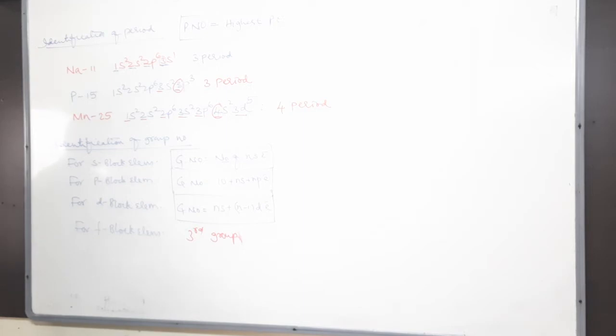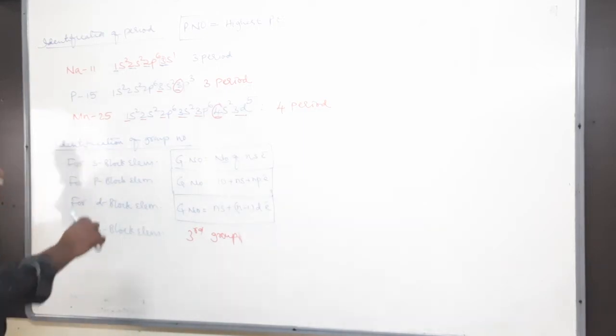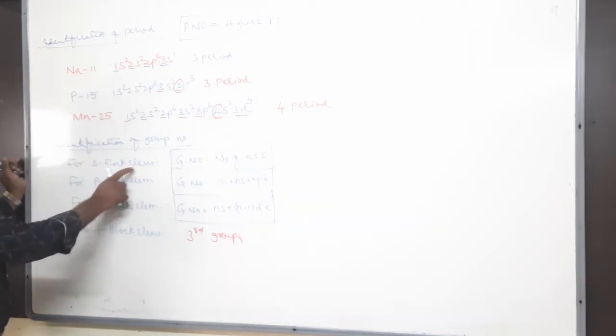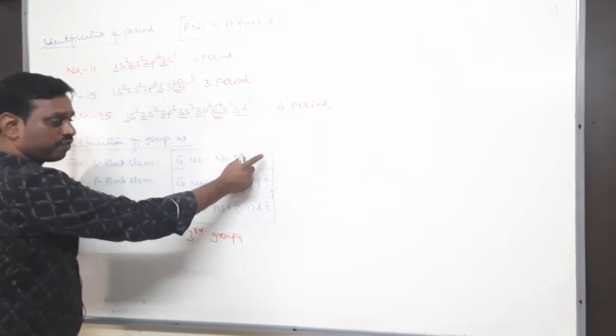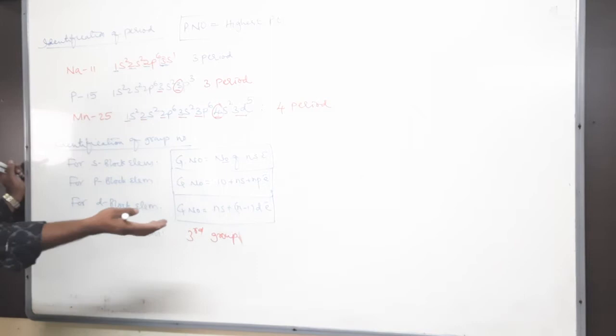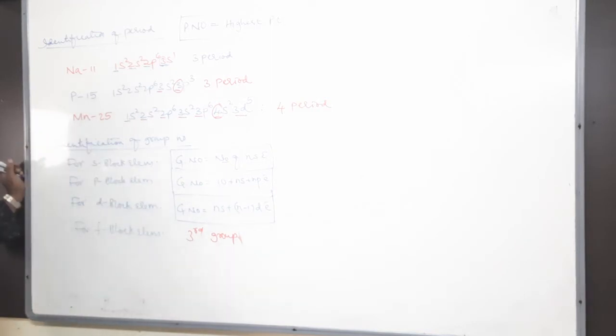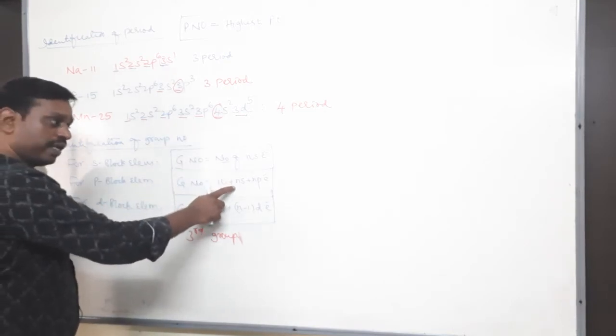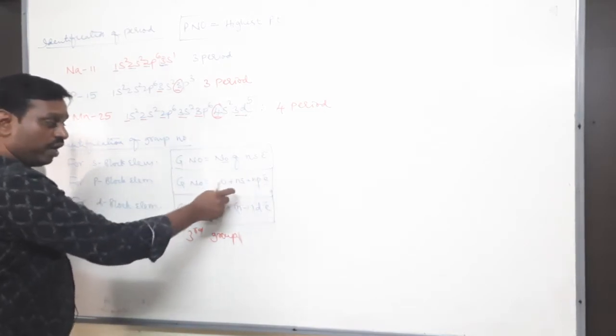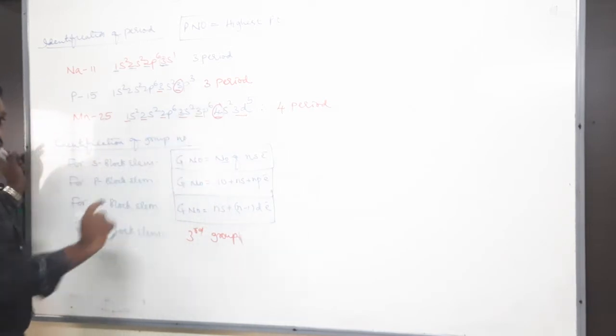Okay, let's see some examples. For S block element, group number is just the number of ns electrons. But in case of P block element, we add 10 plus ns plus np. Why we should add 10, I will tell you in the periodic table later.